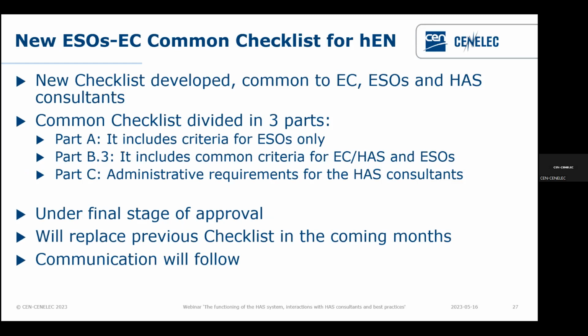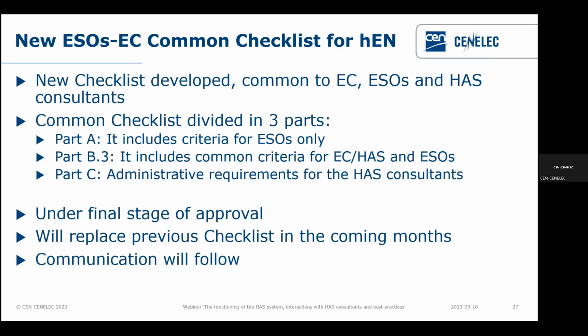The common checklist is divided in 3 parts. Part A includes criteria for ESOs only. Part B includes common criteria for the European Commission, HAS consultants, and ESOs, and part C is dedicated to administrative requirements for the HAS consultants. So that's where the outcome of the assessment report will be written.